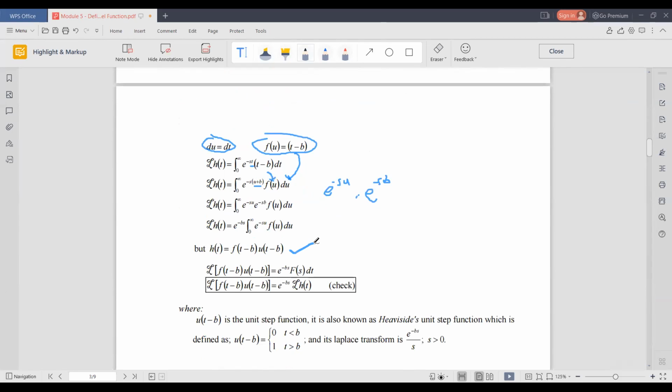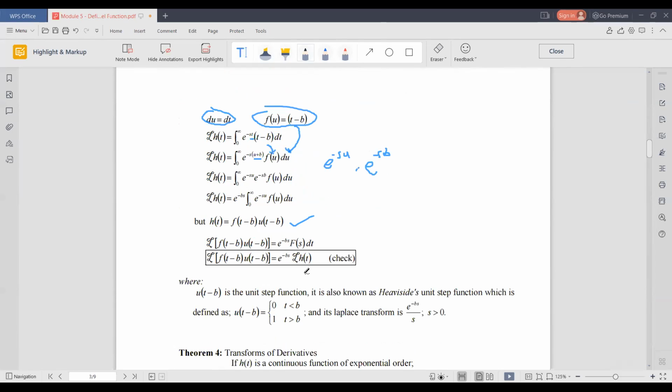Okay, so we can now prove that the equation of e raised to negative bs, multiplied by the integral of 0 to infinity, or that is the integral of e raised to negative su times the function of u du, is just equal to the Laplace transform of the function of this equation. So this is now your theorem number 3, that is the second shifting theorem.